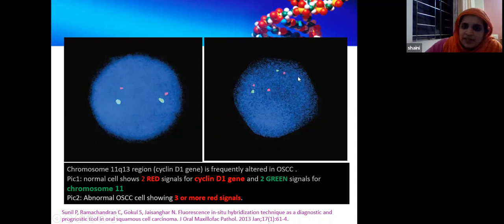That is where you get the red signals. So in this, a normal cell shows 2 red signals for the cyclin D1 gene and 2 green signals for chromosome 11. In Pic 2, what we see here is an abnormal oral squamous cell carcinoma cell showing 3 or more red signals. This was a study done in an Indian institution.